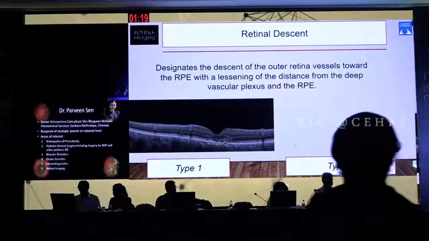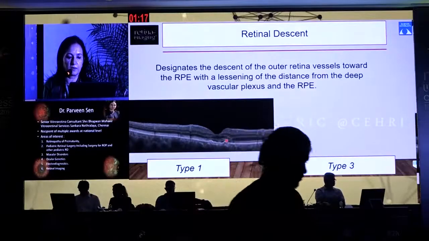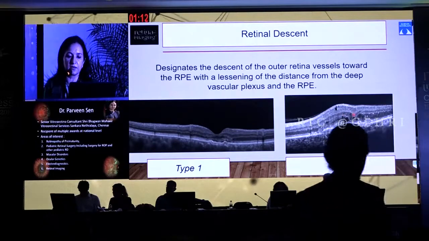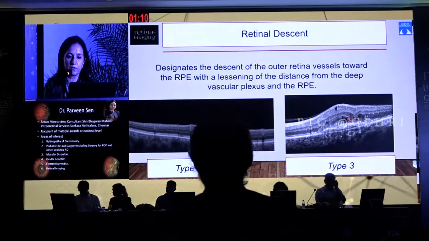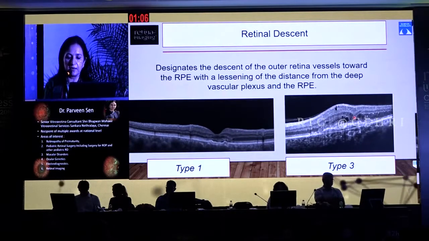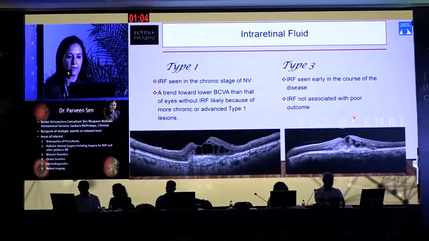So in type 1, you have this subtle elevation here of the pigment epithelial detachment, and here you see there is a downward movement in the early stages of the OPL. This is what we call the retinal descent or the retinal subsidence, which is seen typically in type 3 CNVM.